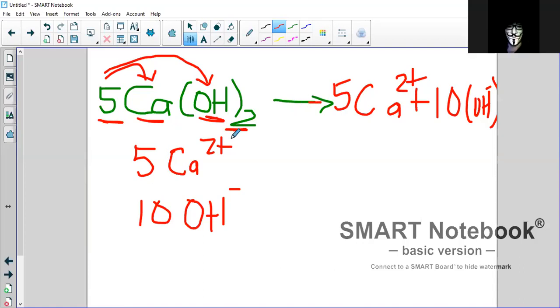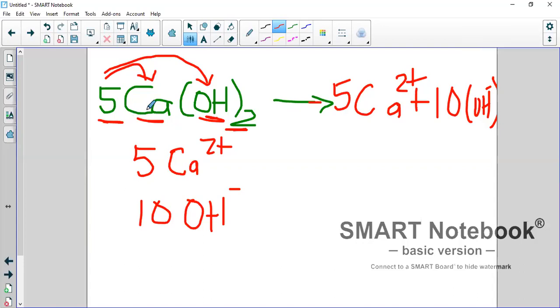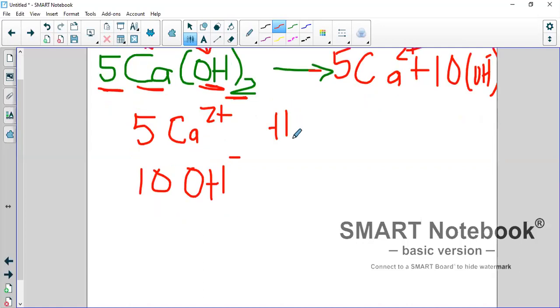You see, when we do stoichiometry, for example, if I say hydrogen plus oxygen to give me water, it's part of balancing equations. If I have to balance this equation, how am I going to balance?